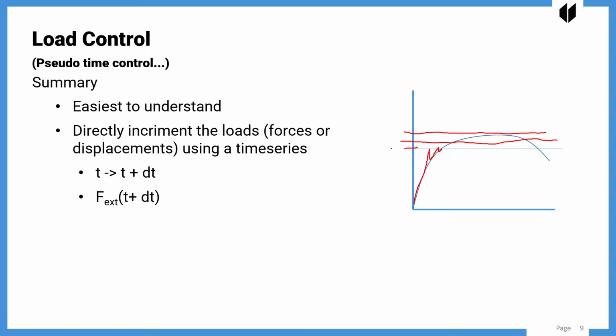If this is step 1, step 2, and then 3, if you're controlling the displacements, this doesn't necessarily have to be higher. We could end up with a load 4 that's down here if we're iterating the displacements with our load control algorithm. That is a little bit unintuitive.